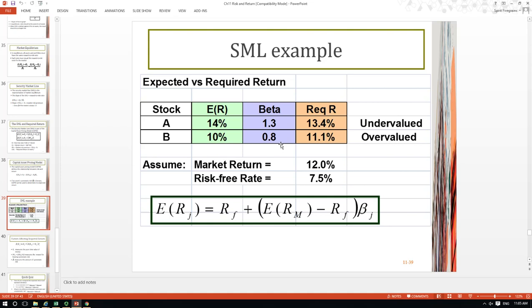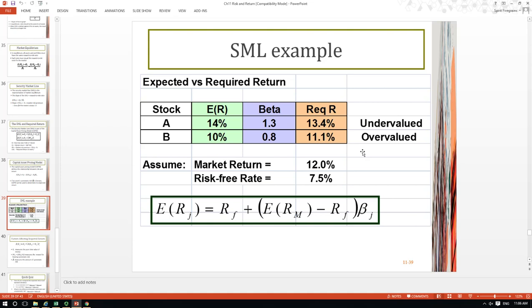Then you times that number with beta 1.3 to get expected return. Right? So expected return for stock A equals 7.5% plus 1.3 times 4.5%.